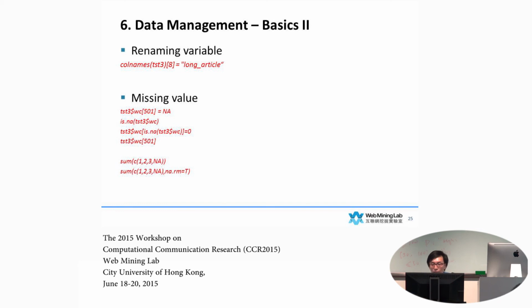And this is the second one. So here, the first one is ID, and the second one is section name. And then we assign a new value to this one called section. Okay? So check TST3, the section now.